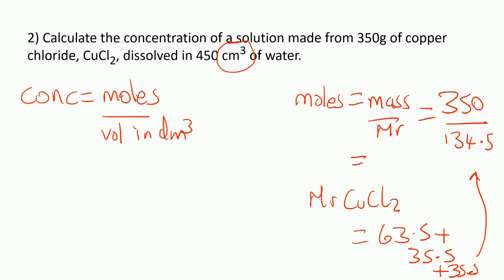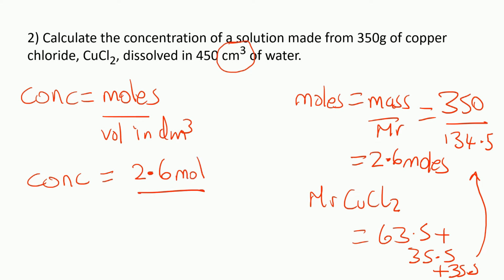So we now put that back into our equation. Concentration is the moles, which is 2.6, divided by the volume in dm cubed. So first of all we need to take the 450 and divide it by 1000, and we get 0.45 dm cubed.